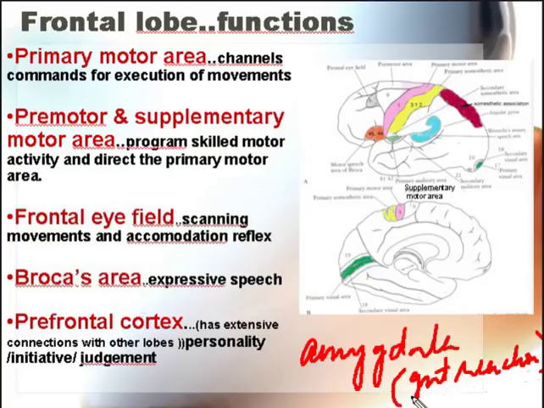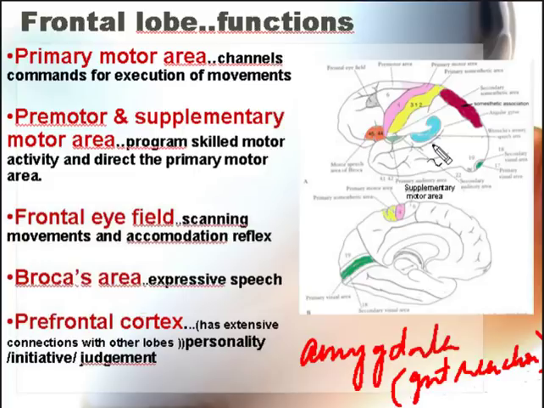Another important thing about the prefrontal cortex is, through its association fibers, which are fibers which connect different areas of the brain to one another, this prefrontal cortex has access to sensory experience which is occurring now, and it has access to sensory information which occurred in the past.